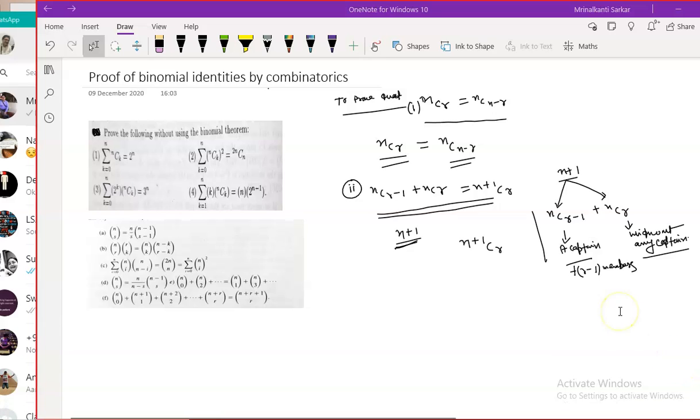Write in the word file, otherwise it won't work. Write: let there be n plus 1 people in a group. We are selecting r people out of these. All of you write, we are selecting r people out of n plus 1. It can be done in (n plus 1)Cr ways.